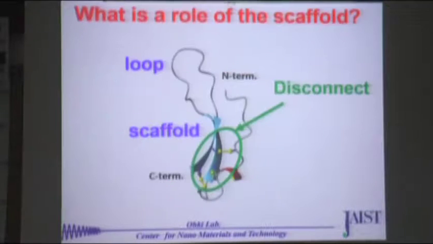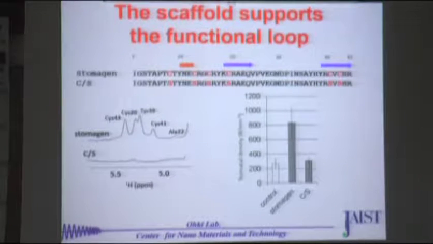So what is the role of the scaffold? So we did this connection of these three disulfide bonds. We tried to make a mutant CS, that means all cysteine residues are replaced with serine. So this CS mutant did not give any peaks in the downfield shifted proton NMR spectrum.